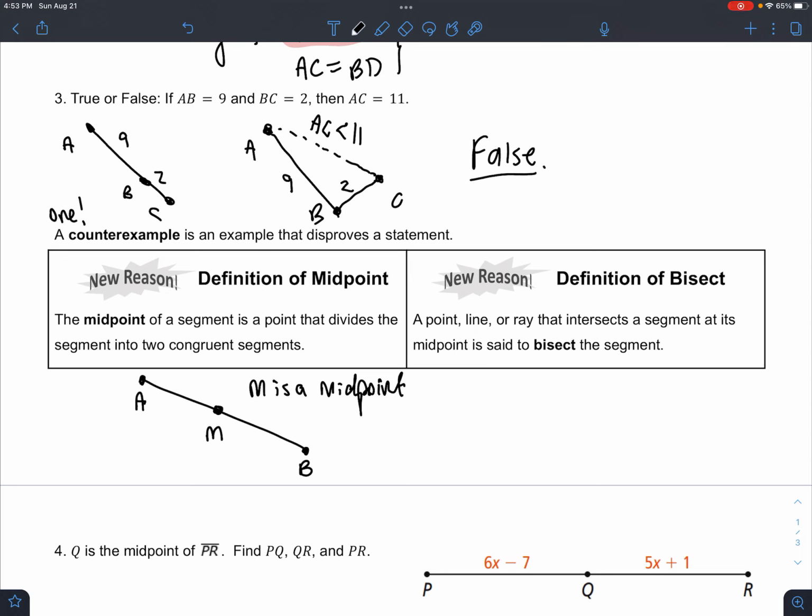So it's pretty common that we have two lines in a picture. So let's say we have the same picture, and there's this line that comes through. Maybe it's called line L. Line L bisects segment AB.